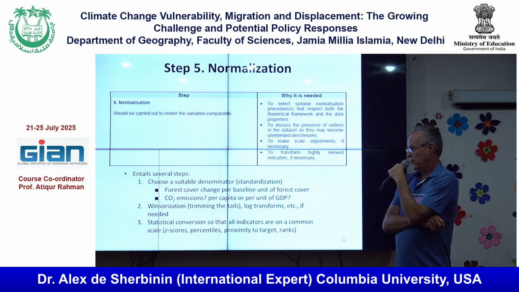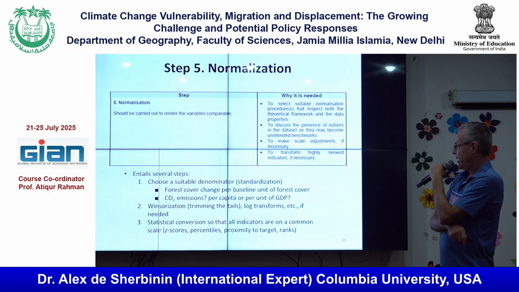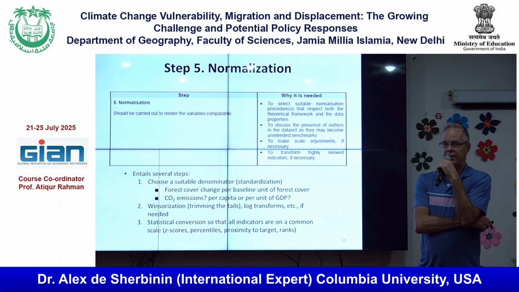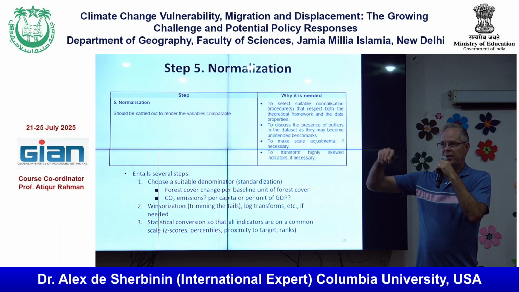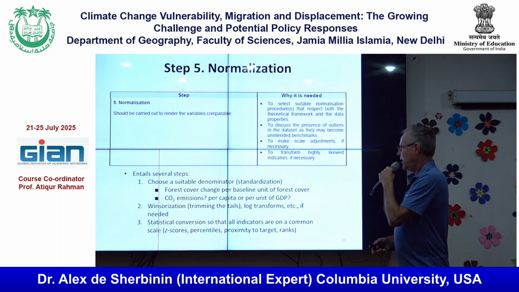A 0 to 1 or 0 to 100 scale is one of the common ways of doing that. You can also do something called a z-score, which is, if I remember, the mean minus the standard deviation divided by the mean. And basically that gives you a metric that shows how high or low you are relative to the mean in the distribution.